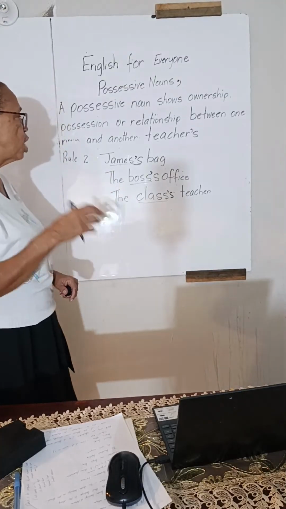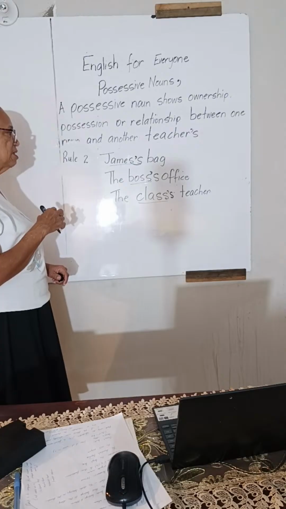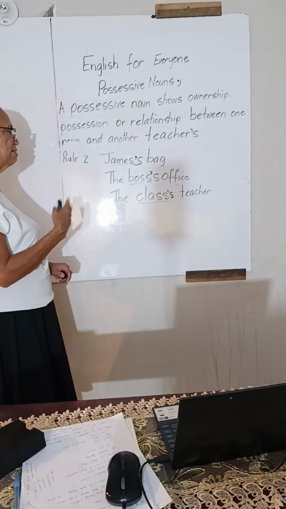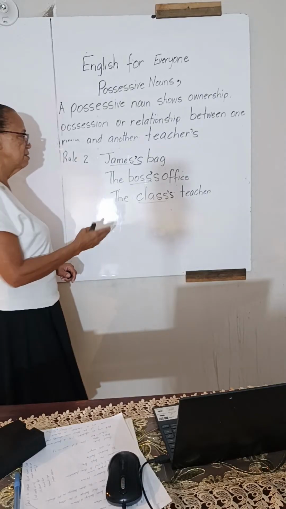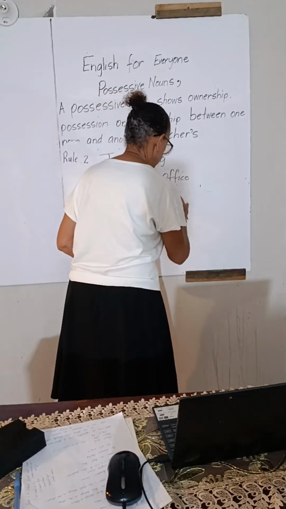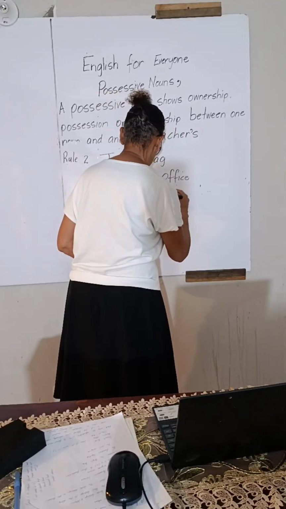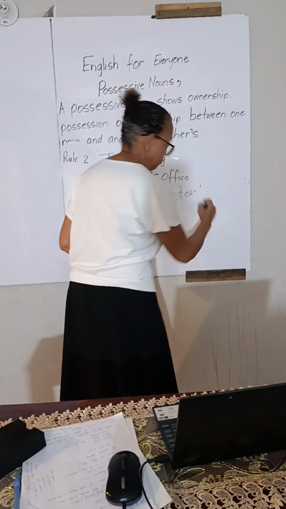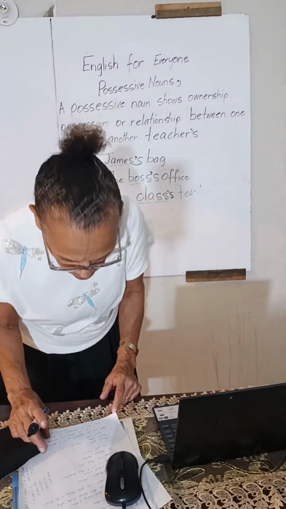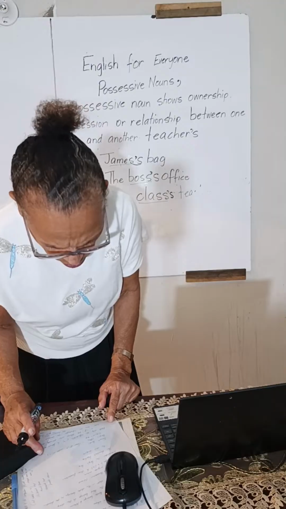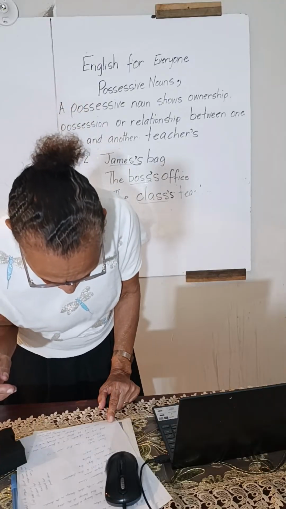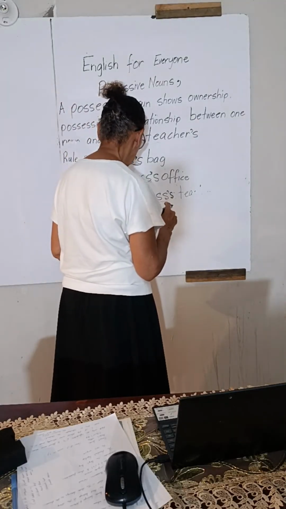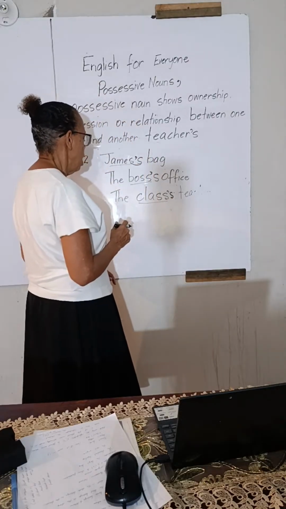James's bag. The bag belongs to James. The boss's office, the office belongs to the boss. The class's teacher, or the class's door. Let me find another word that we can use.